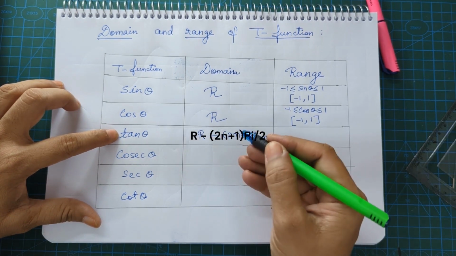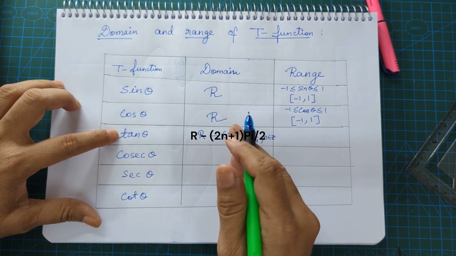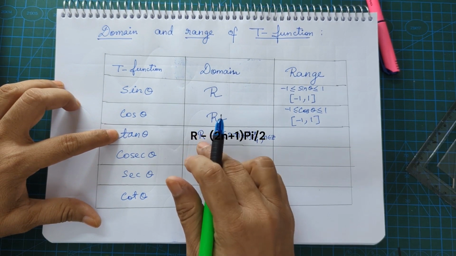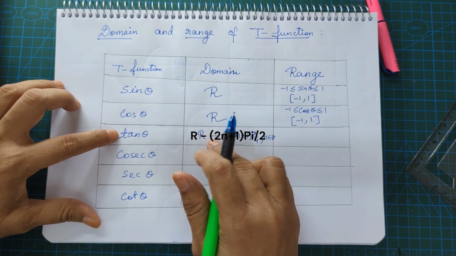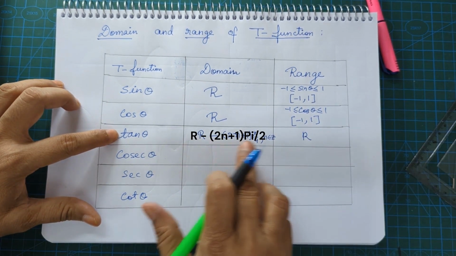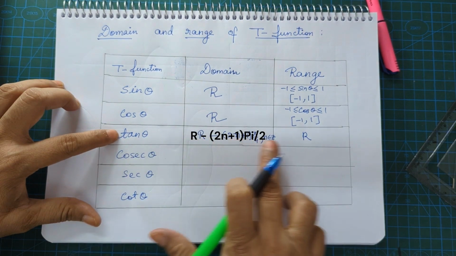While drawing the graph, we understood that. So, all the odd multiples of pi by 2, we have to remove from the set of real numbers, and for them only tan value exists. And what is the range? The range is all real values, because tan of this angle is definitely a real number.